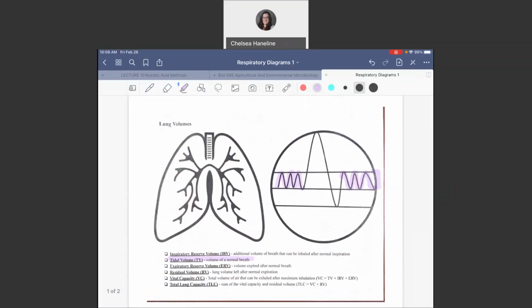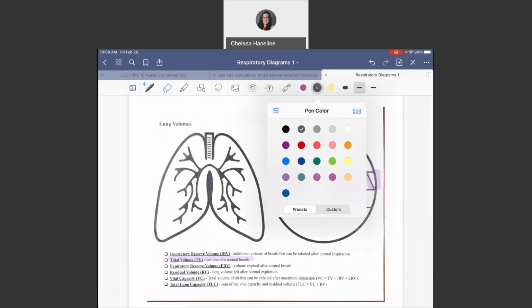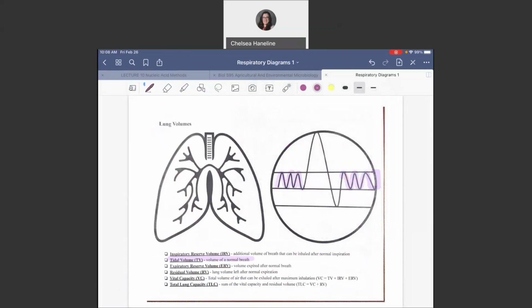Okay, guys, so we're going to talk about the different components that make up our lung volume. Within our lungs, the total capacity that our lungs is really able to hold is not as much as you would think. I mean, it's a lot, but when you look at what you're actually using on a regular basis, it's not a ton.